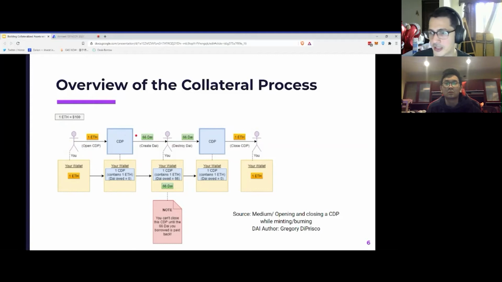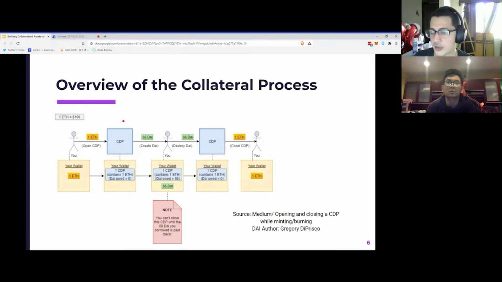Of course, this is really risky, because if the ETH price goes down, you are actually losing money. Another problem is that, as you heard, each DAI is backed by at least 150% of the collateral. But if the price goes down and your vault is under this ratio, you can get liquidated.